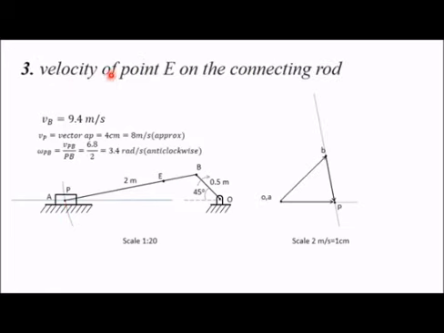Now to get the velocity of point E on the connecting rod. This point is on the connecting rod PB, and therefore it will appear here on this small pb. Whatever ratio capital E divides capital PB, the same ratio small e will divide small pb.